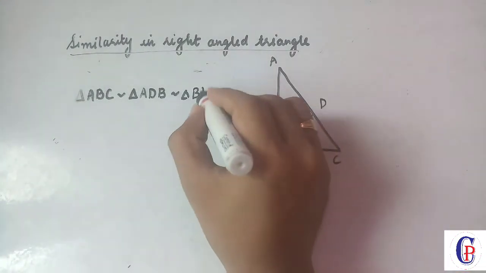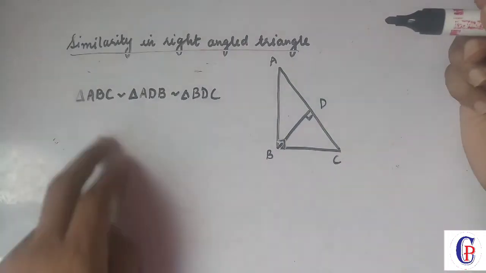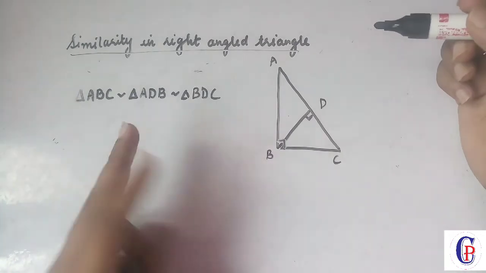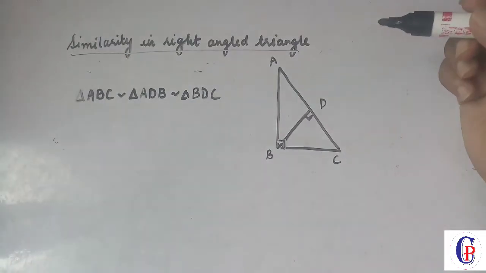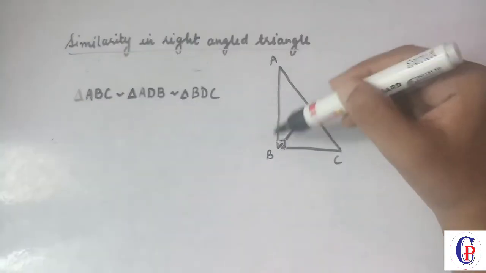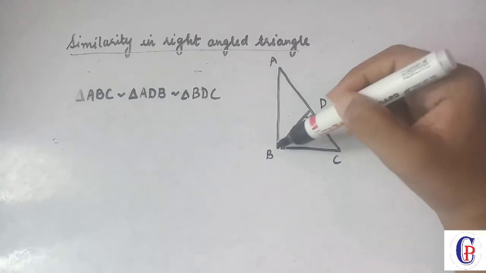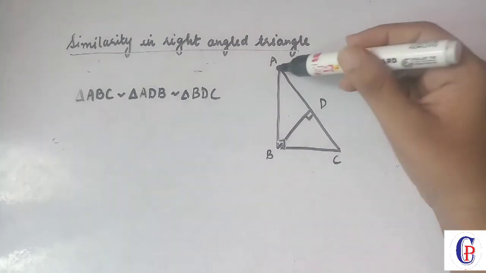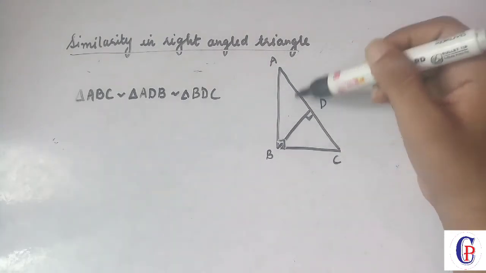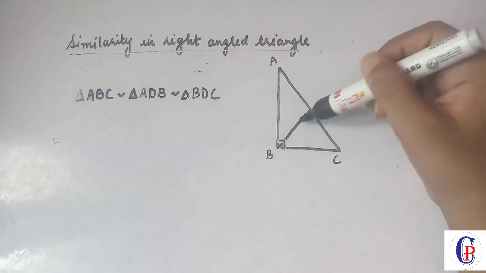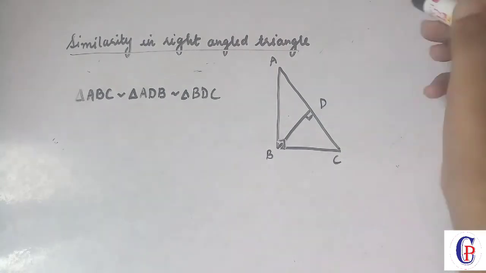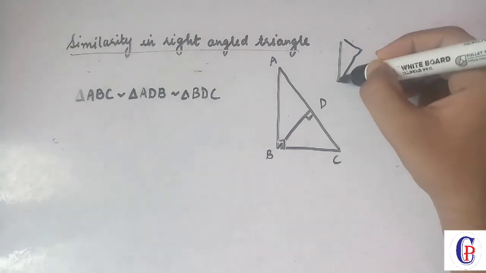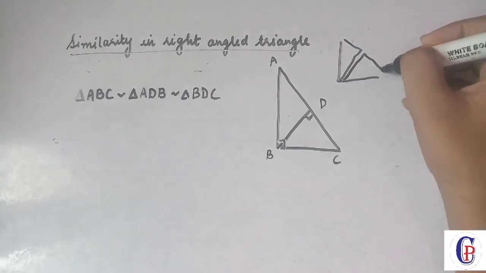You have to write the similarity in this fashion only, because if you write the letters in the wrong pattern, then maybe you get the wrong answer. ABC, ADB and BDC. First this way, then you come like this, go here, and then from there you come here.